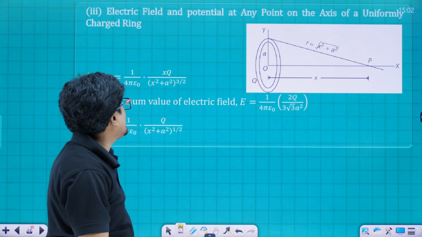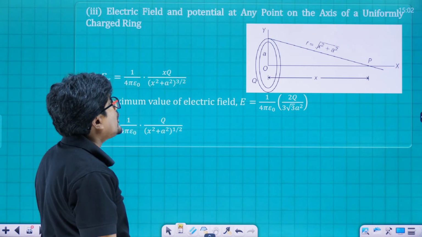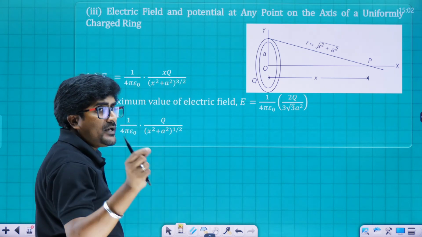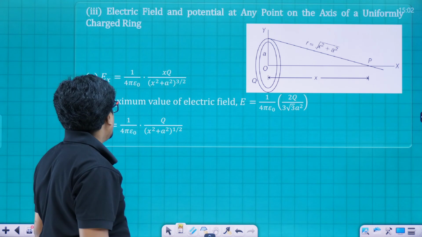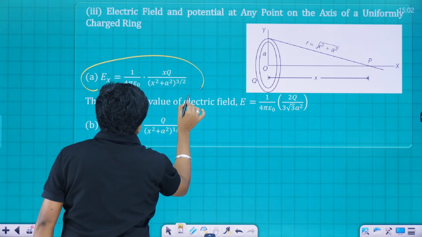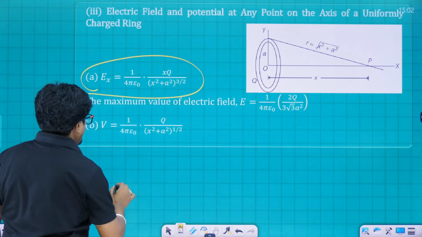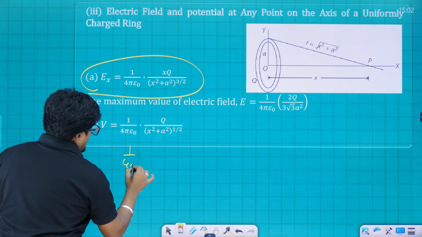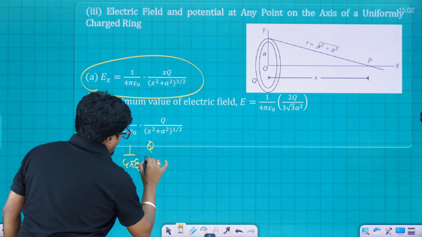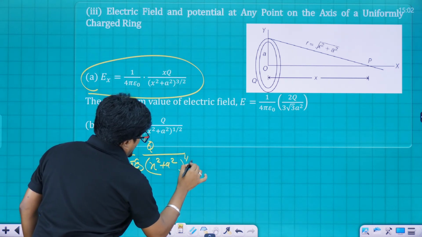All right, moving to the next, that is electric field and electric potential at a point on the axis of a uniformly charged ring. Electric field we already discussed. Now, the same mathematical expression you can have here, but while coming to the electric potential, it's going to be 1 divided by 4 pi epsilon naught q upon x square plus a square raised to 1 by 2.